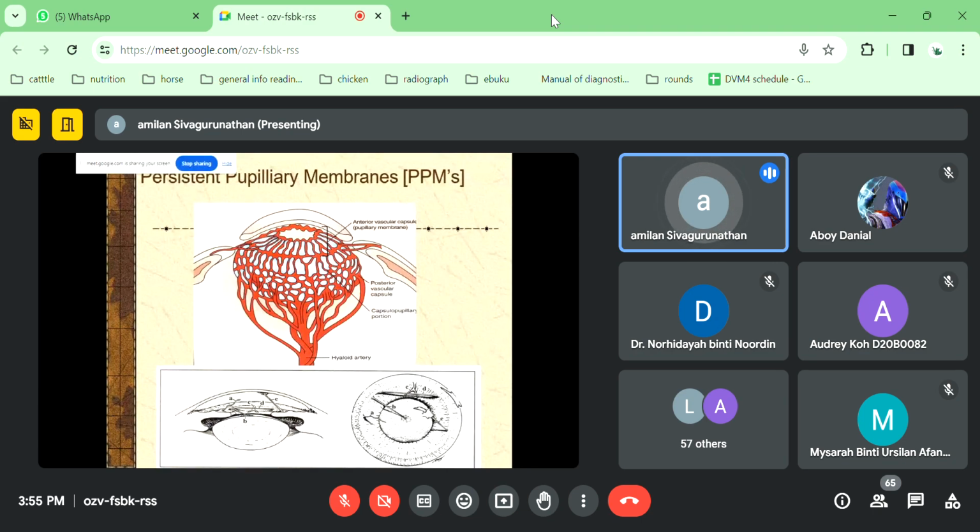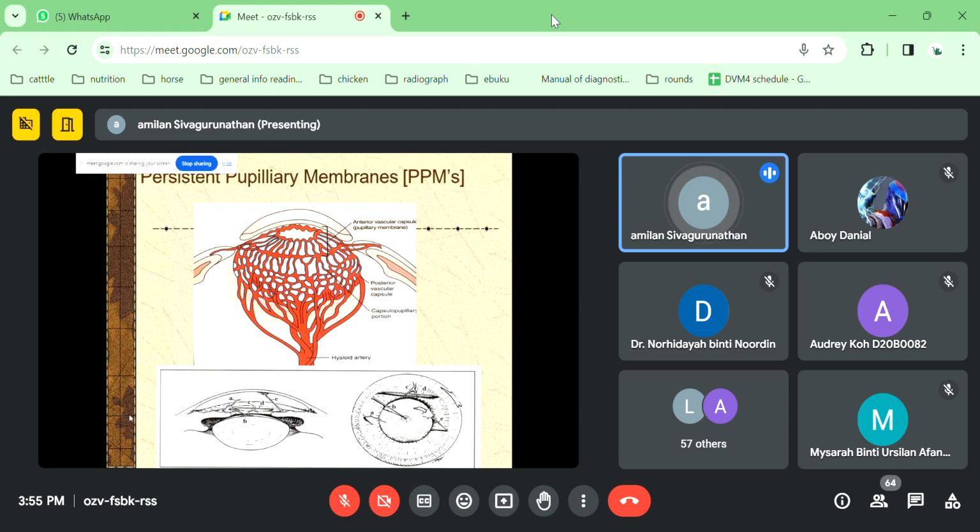So we don't want any of this in the eye. And if it fails to regress, you have these abnormal structures left behind. We call these PPMs, persistent pupillary membranes, and they come in various forms. So they can be iris to iris, iris to lens, lens to cornea, cornea to iris.